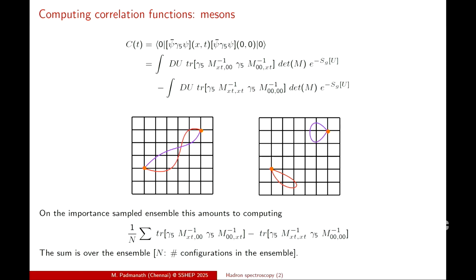Now if I want to evaluate this at every sink point, then this is going to be an impossible task. You have to evaluate it at every spatial point and every time point. Maybe I should have mentioned one more thing here.